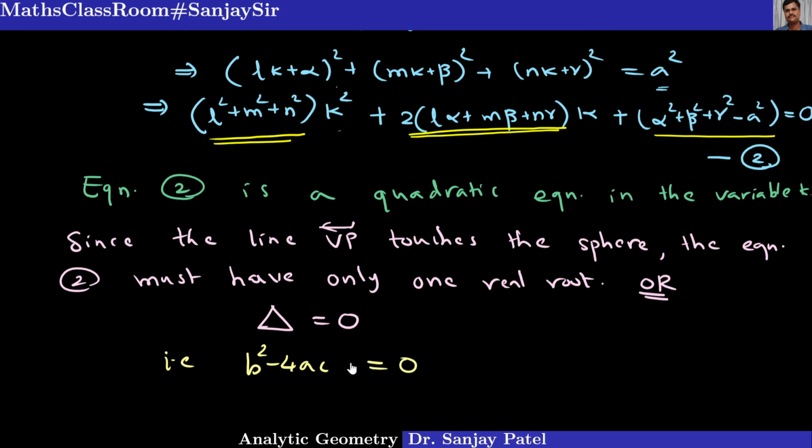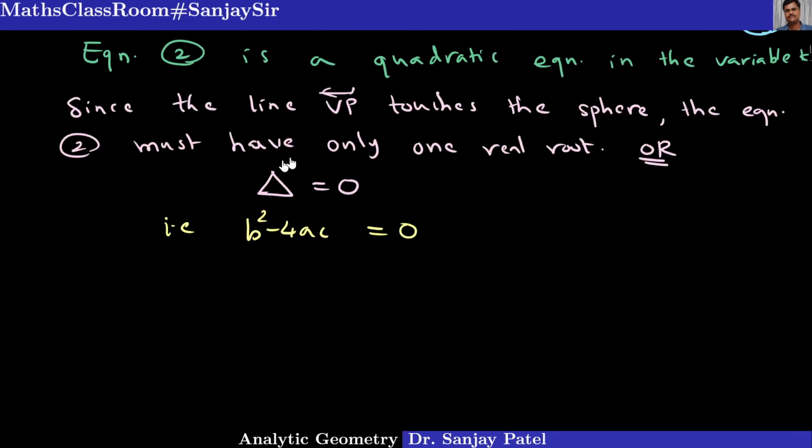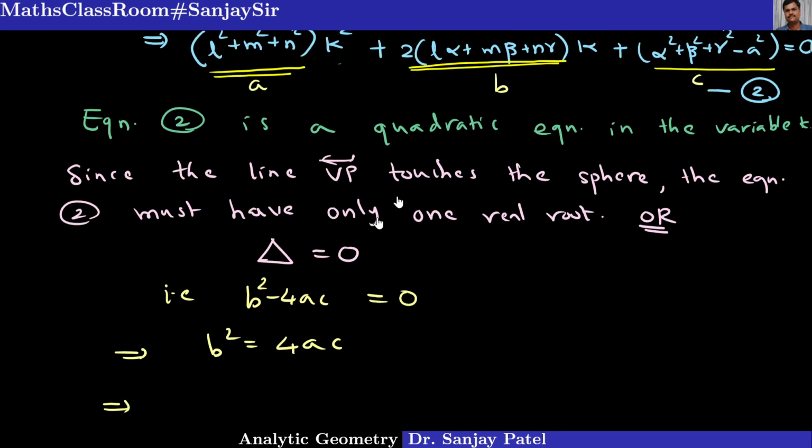What is a, b, c in this? a is the coefficient of k square. This 2 times L alpha plus m beta plus n gamma is the value of b, and this is the constant term c. So if you substitute, b square is equal to 4ac, and then put the values. What is b? It is written here.